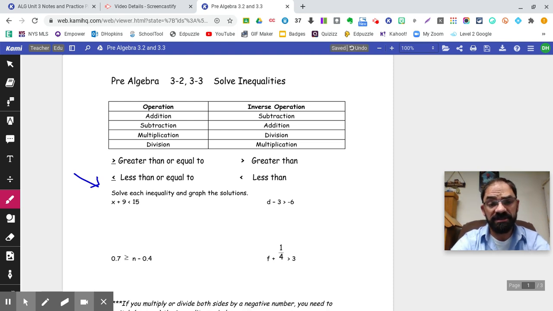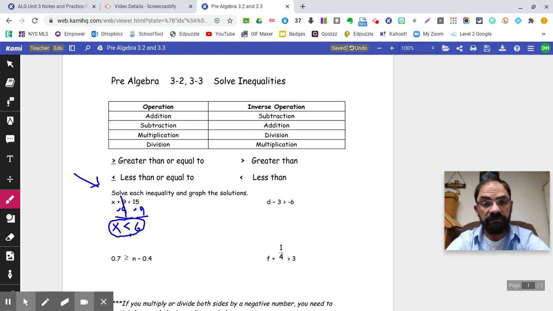To get x by itself, let's get rid of whatever's not attached to it by using inverse operations. So instead of adding 9, we need to subtract 9. So x is less than 6.